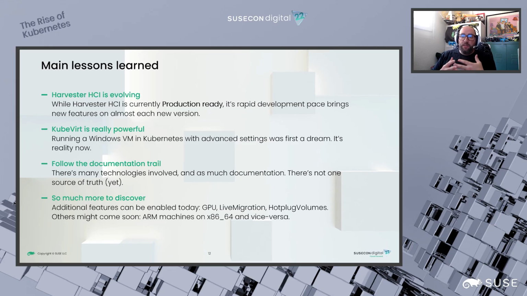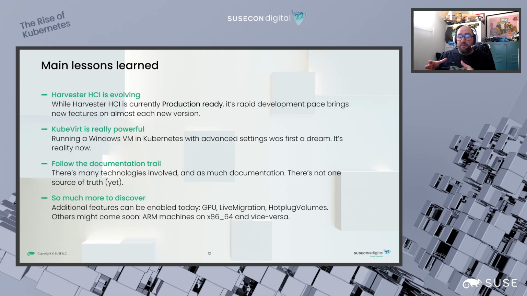And then finally, thanks to Harvester, KubeVirt, and Kubernetes, there are additional features that are already available but might be more complex to implement, such as GPU and live migration. The hotplug volumes, we already saw, and Harvester already pre-implemented it for us. But if we want live migration, Harvester has it.